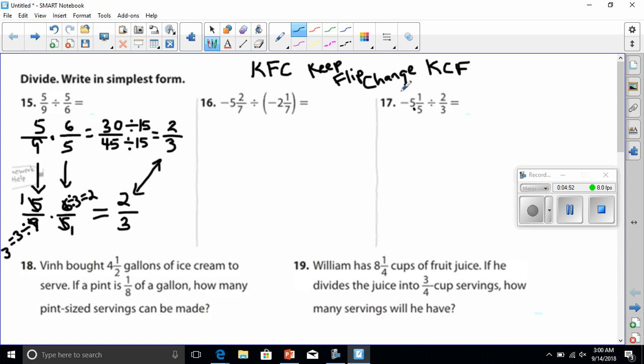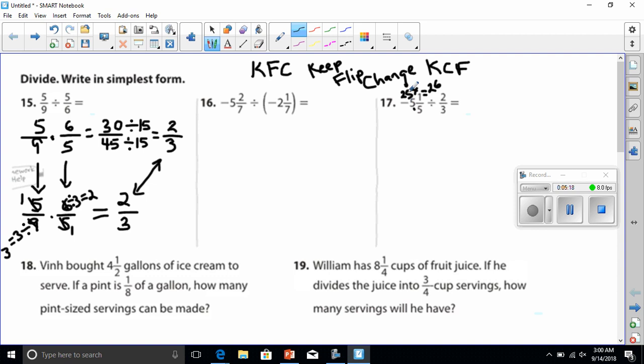That's going to be 25. 25 plus 1 is going to give me 26. For those that didn't catch that, I'll say it again. 5 times 5, our denominator times our whole number, and then we'll add our numerator.